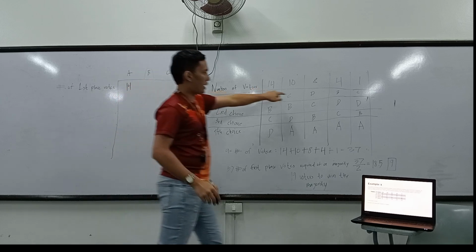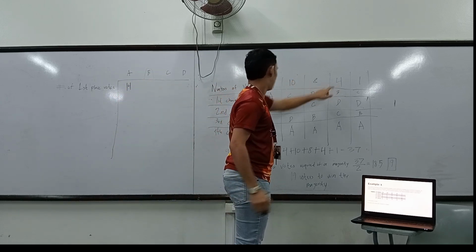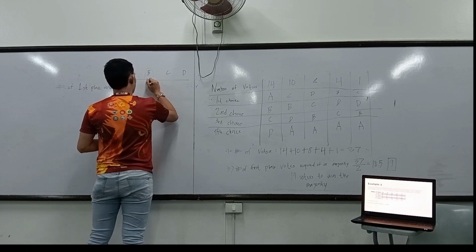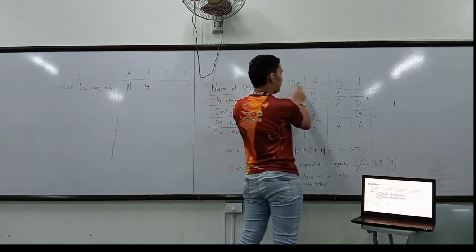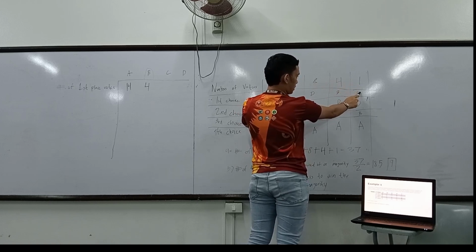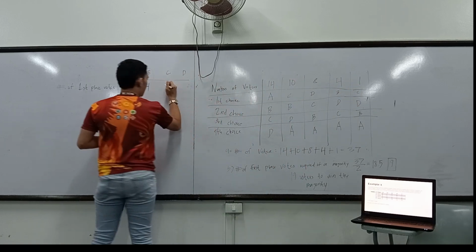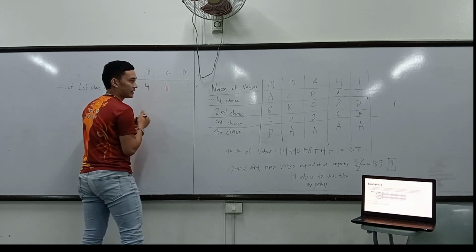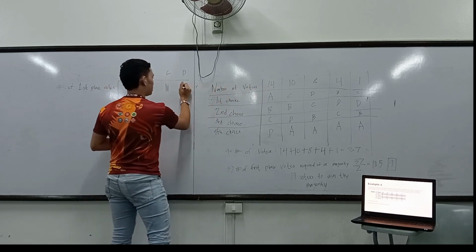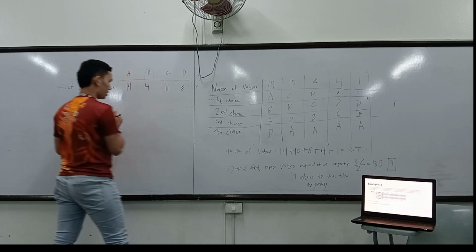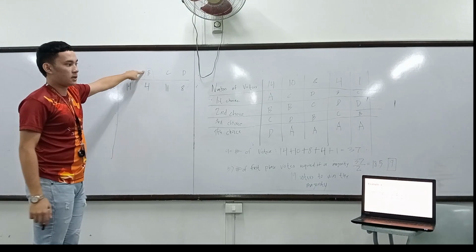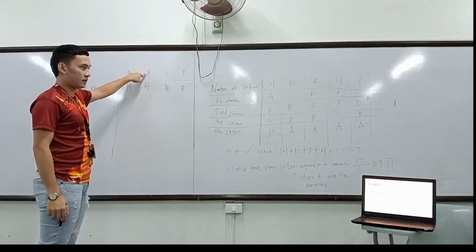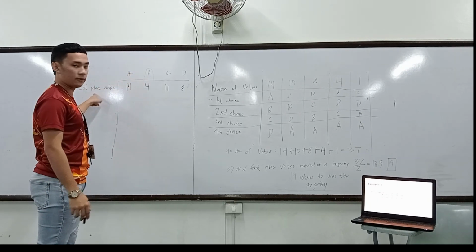Candidate B also got 4 votes. Candidate C got 10 plus 1, which is 11 votes, and candidate B got a total of 8 votes. So as you can see, candidate B got the lowest votes on this first step, on the first choice.